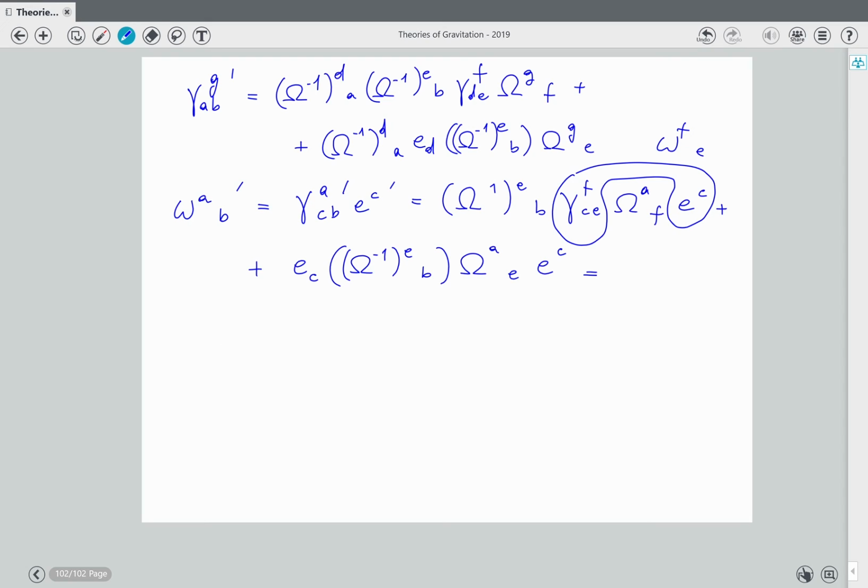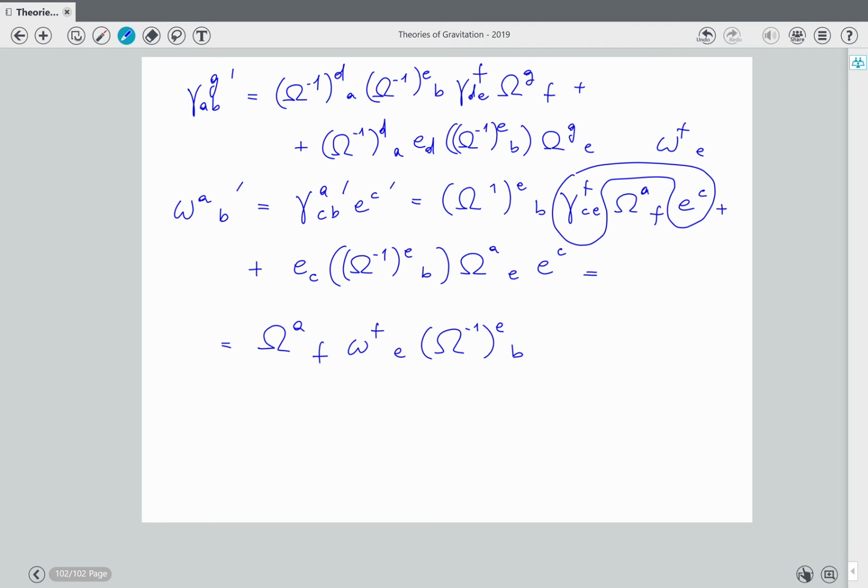So the first part, reordering a little bit the indices, is big omega AF. We first write this one: small omega FE, big omega to the minus 1 EB.